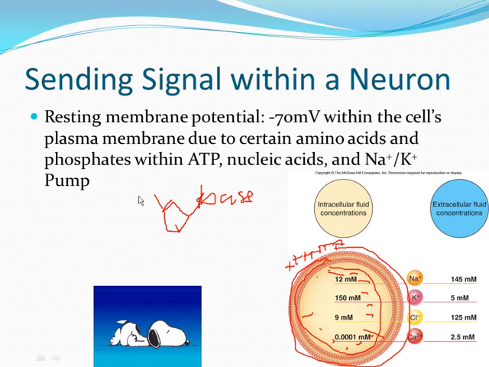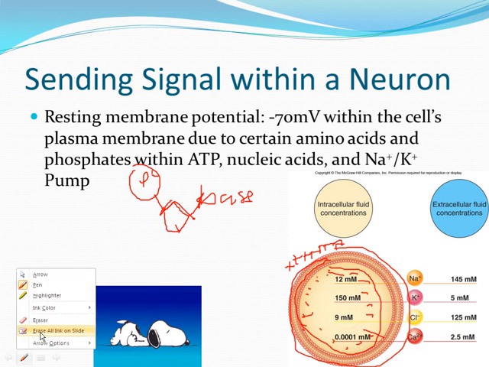You guys remember this other thing here? Yeah, phosphate. The phosphate is negatively charged. If it's negatively charged, it's going to cause the cell within the plasma membrane to be slightly negatively charged, along with other proteins and stuff that make it slightly negatively charged inside the plasma membrane. So that's why it's slightly negative inside.